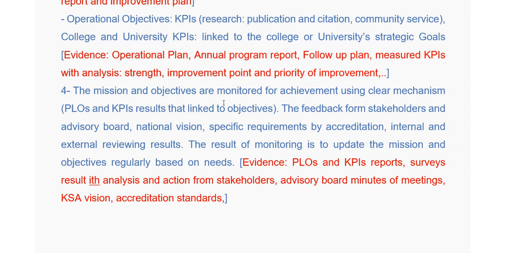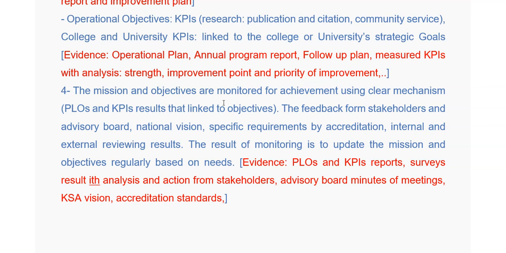The achievements are based on the number of achieved KPIs, which means the result of measuring KPIs, or the KPIs whose measured results are above the benchmark. Program learning outcomes are also measured, and the result should be above the benchmark.